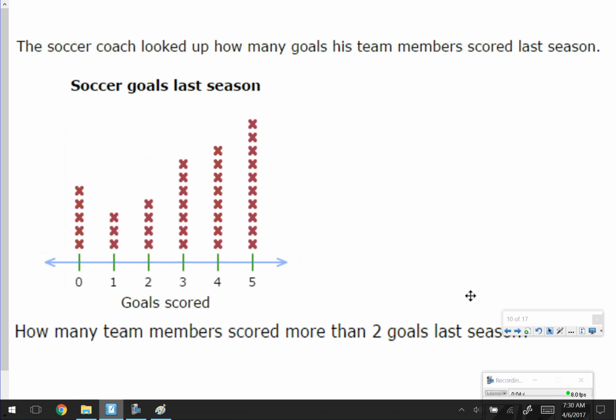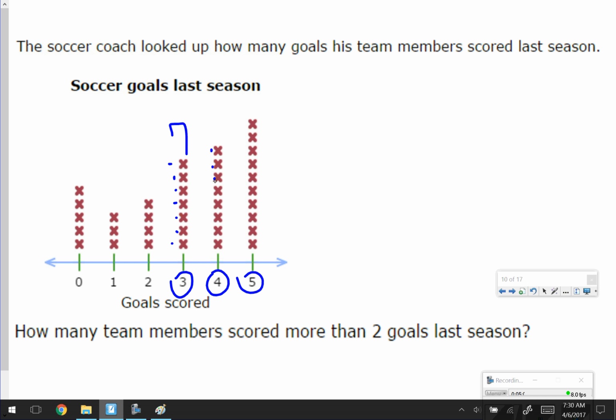Here's another one. The soccer coach looked up how many goals his team members scored last season. How many team members scored more than 2 goals last season? Again, more than 2 goals would be 3 goals, 4 goals, and 5. 3 goals were 1, 2, 3, 4, 5, 6, 7. 4 was 1, 2, 3, 4, 5, 6, 7, 8. And 5 was 1, 2, 3, 4, 5, 6, 7, 8, 9, 10.